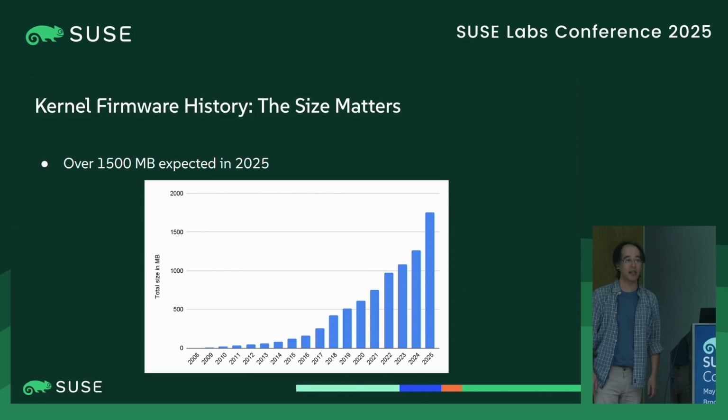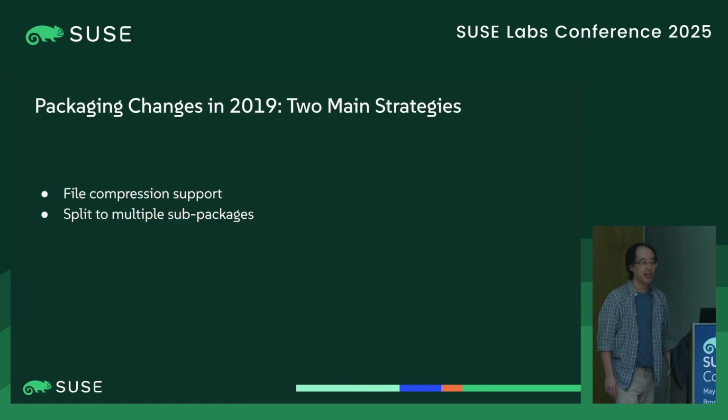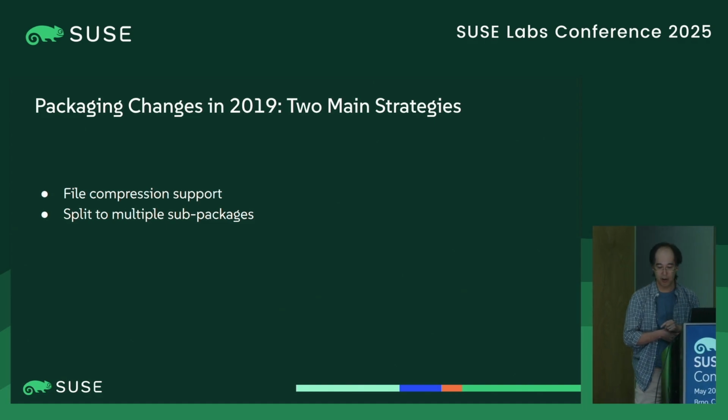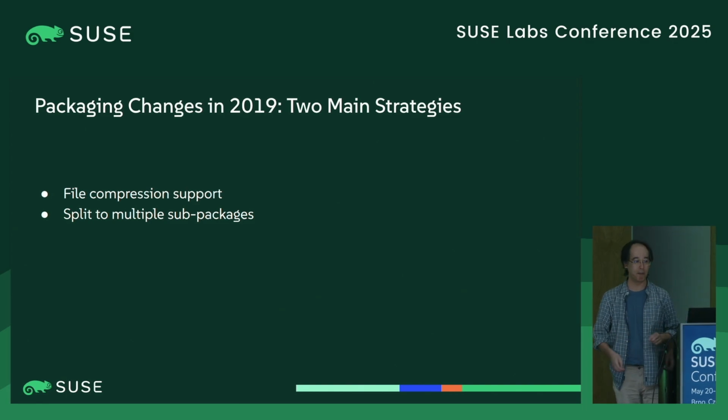It's over 1.5 gigabytes expected this year. It's really huge. So I stepped in on the packaging of the kernel firmware in 2019 to address those issues. I took two main strategies. One is file compression, and another is splitting into multiple packages.